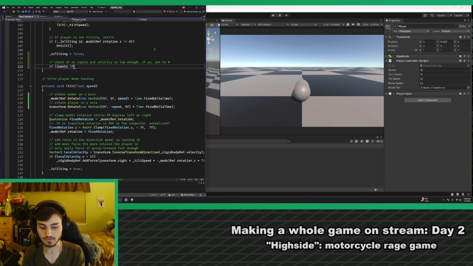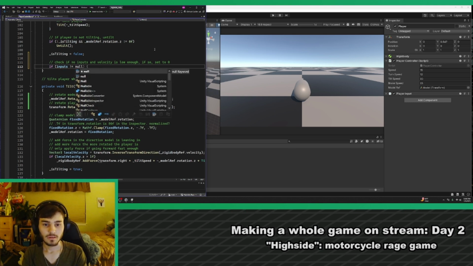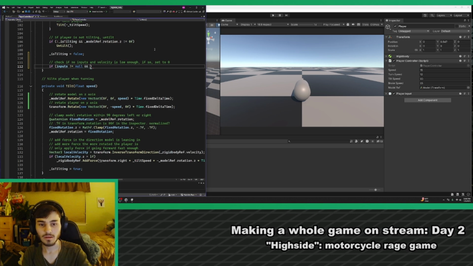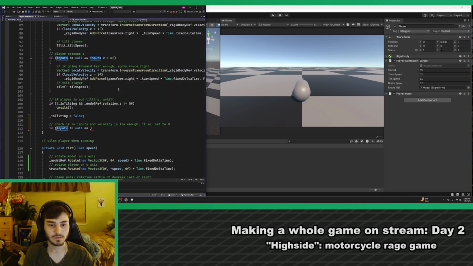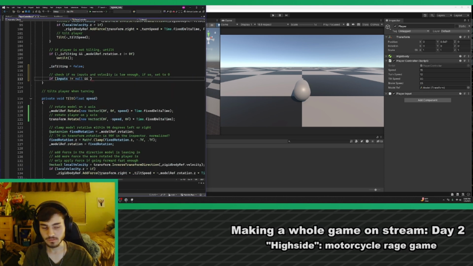Okay. So if for 1, this is not equal, we have inputs. And I guess inputs.y and inputs.x equals, whoops, zero, comma, and what's that?